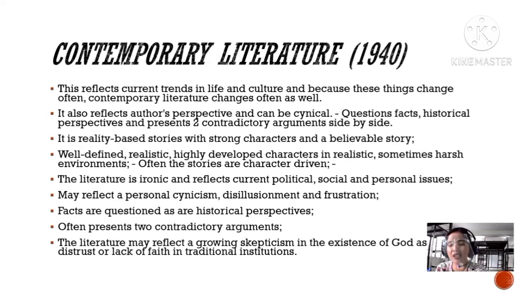So contemporary literature is basically from the 1940s going to the present, or before the 21st century. Here at contemporary literature, this reflects current trends in life and culture, and because these things change often, contemporary literature changes often as well, compared to the classical setting of different stories, poems, or other forms of literature.